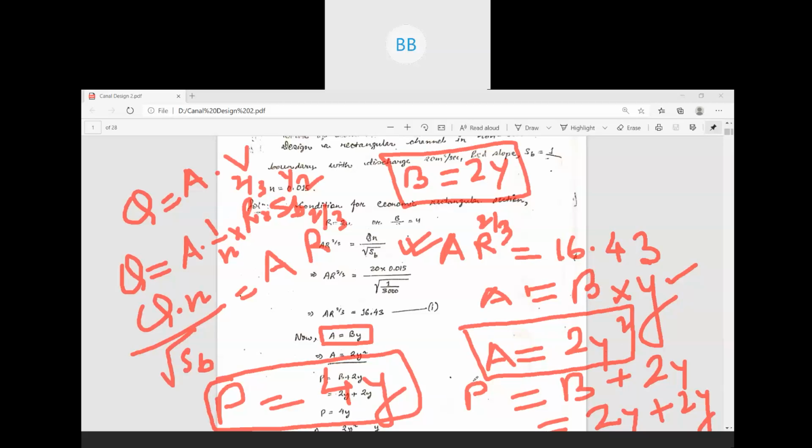And we all know the wetted perimeter for a rectangular channel is nothing but B plus twice Y. In place of B, again we substitute the economic condition, that is twice Y. So if you add, you will get the wetted perimeter for that particular rectangular channel equal to 4Y.